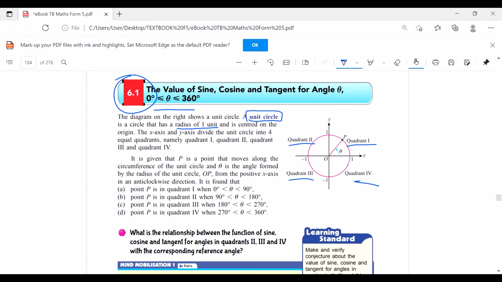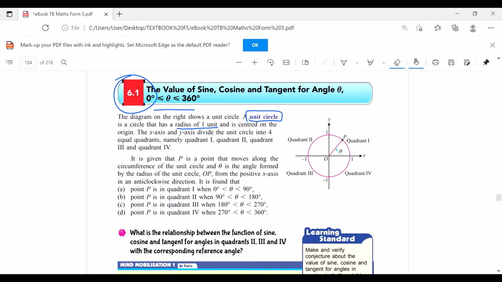And it is very different. You look at anti-clockwise. From here you start from this quadrant, all positive, your x and y positive. You start from here and then you go anti-clockwise. And of course you know the degree for each quadrant.